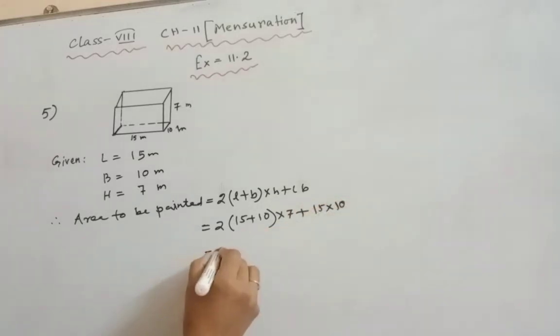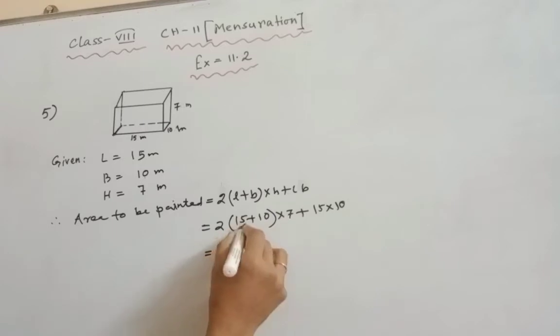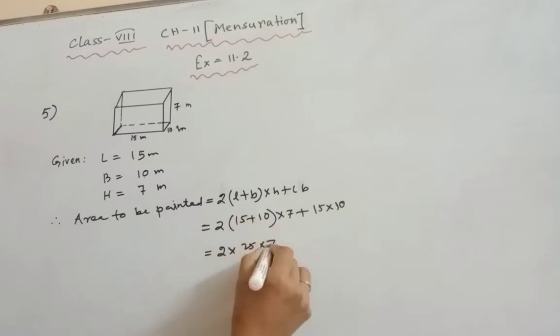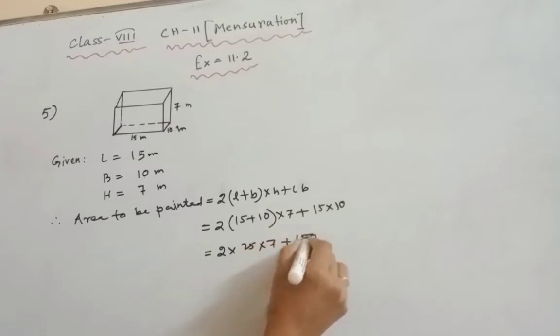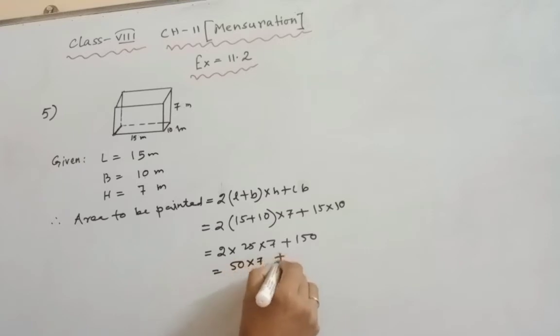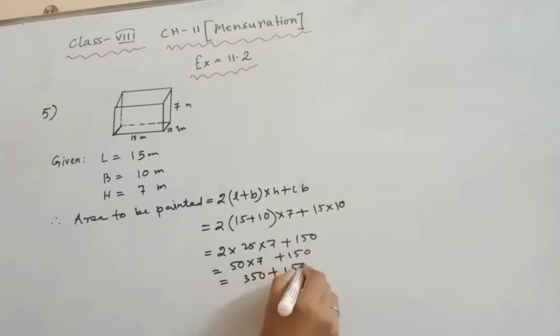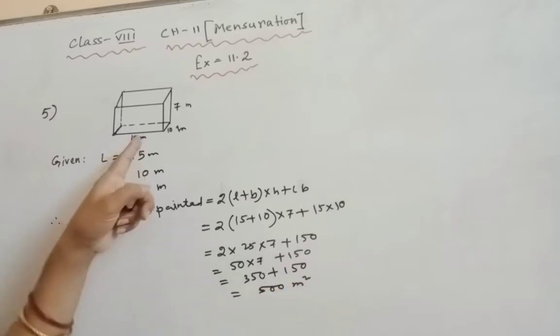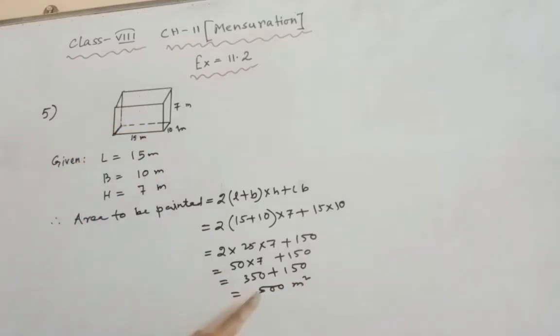Unit will give afterwards. 2 into 25, 15 plus 10, into 7 plus 150. 50 into 7 plus 150, 350 plus 150 equals 500 meter square. So the area of the 4 walls and ceiling to be painted is 500 meter square.